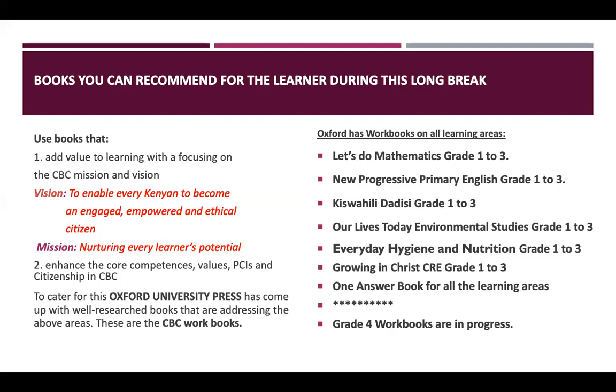Our books try to make sure that all these values, all the competencies and the PCIs are in place. So citizenship is critical at the moment, both as a PCI and as a competency. Now we are suffering the same pandemic as a global family, okay? That is citizenship. We need to help our children understand that, okay?